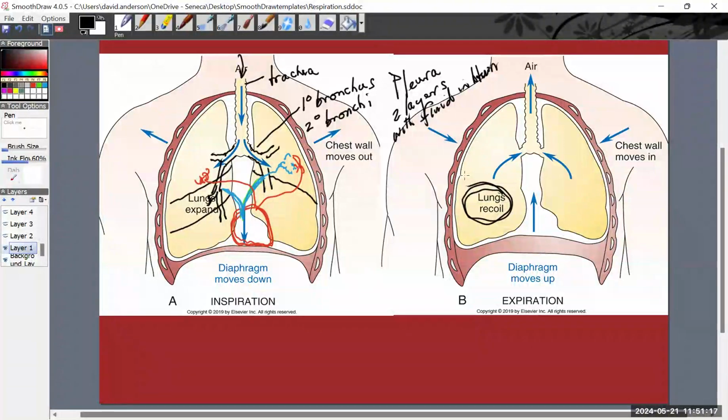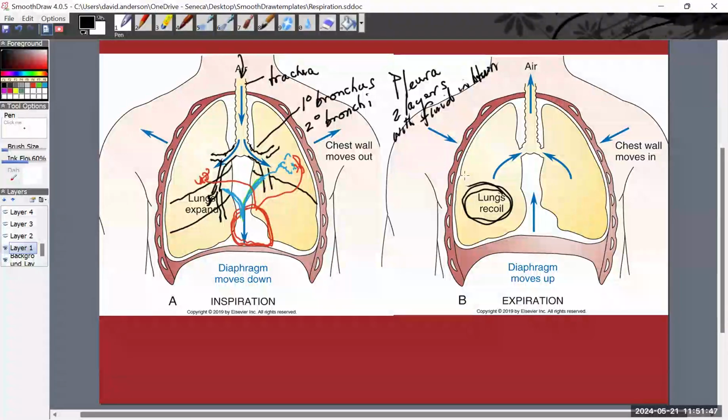So the fluid in between serves a similar purpose as the fluid did in the two layers of the pericardium, and that reduces friction. The outermost layer is going to help anchor the lungs in the thoracic cavity. The innermost layer is against the lung tissue, which needs to be elastic and able to recoil. And the fluid in between is going to help reduce friction so that that movement can occur.